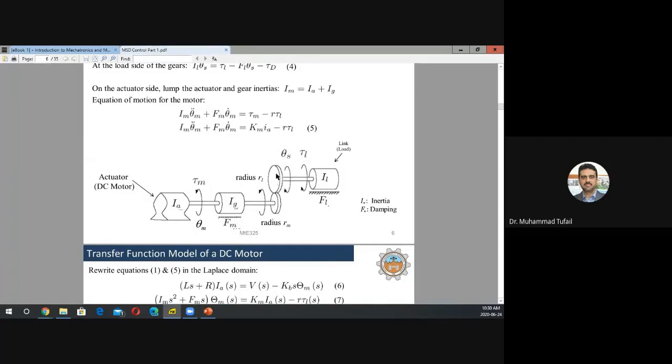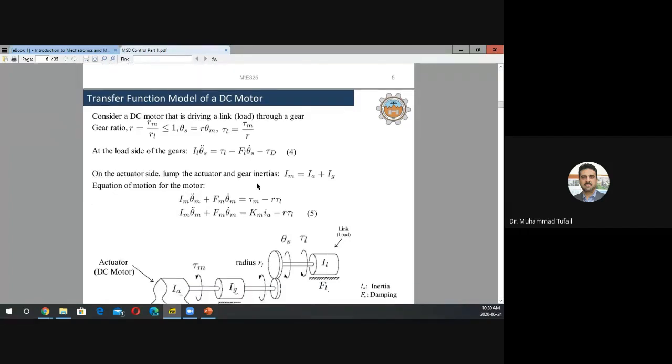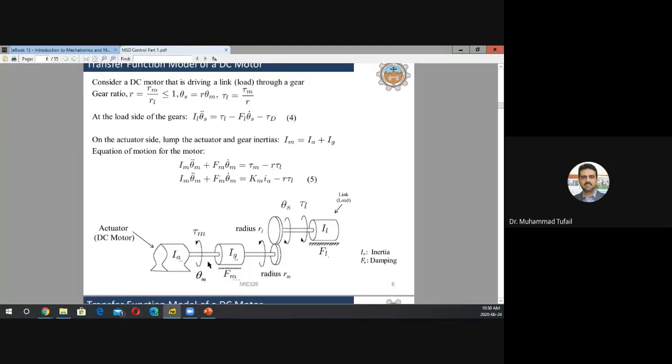Because of that, whatever the quantity is, let's say it's a torque, it has to be multiplied by something very small in order to appear on the motor side. If this was the load torque, or even disturbances, every torque that you see here, or even the friction and damping torque, everything that you see here has to be multiplied by R so that it gets subtracted from that side.